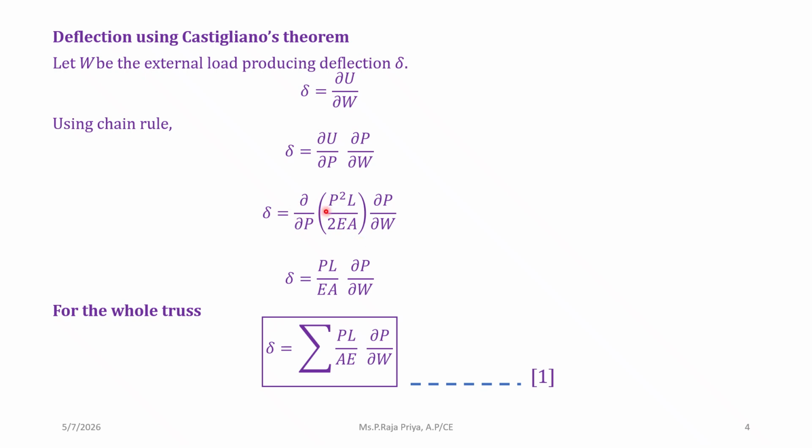Next we have to differentiate it with respect to P. So P squared will become 2P if we differentiate with respect to P, and we have L divided by 2EA.